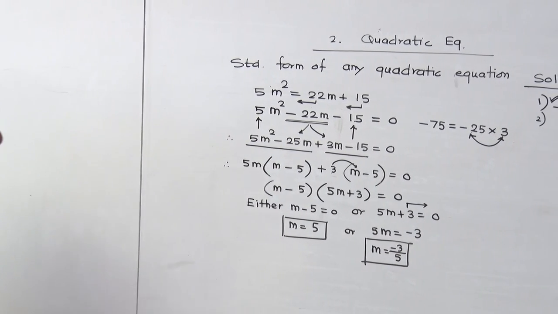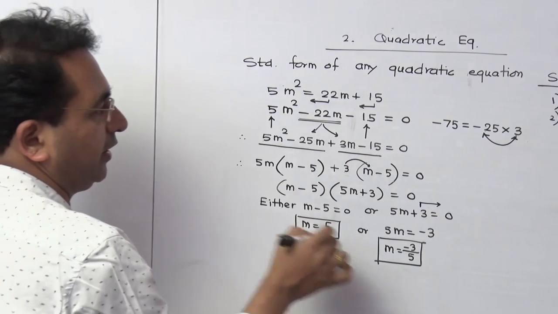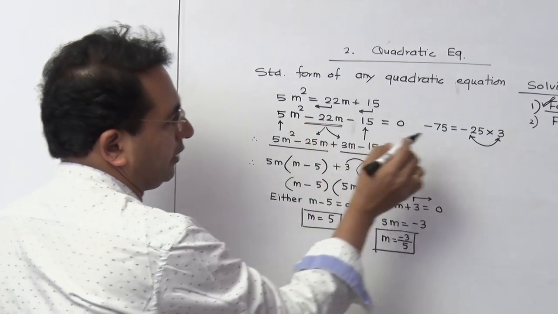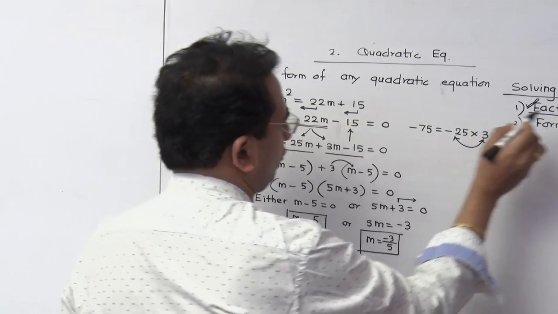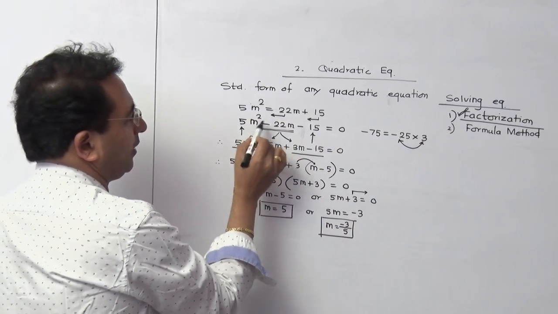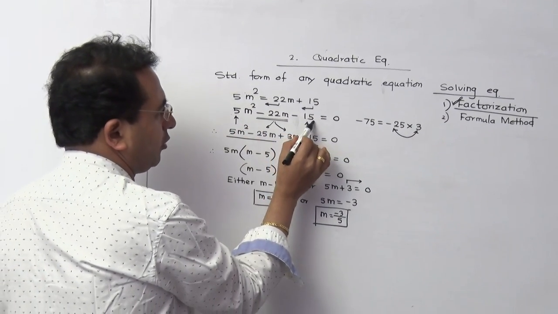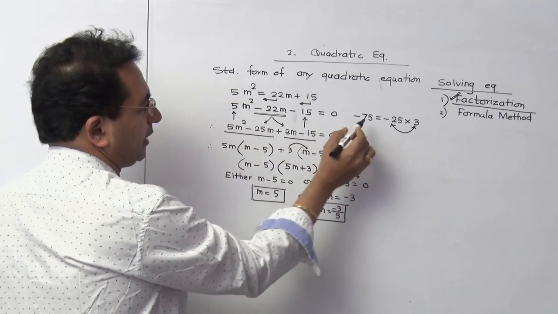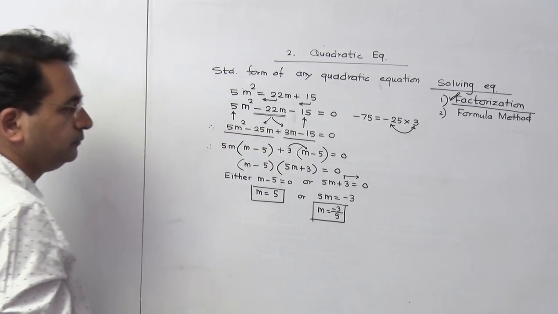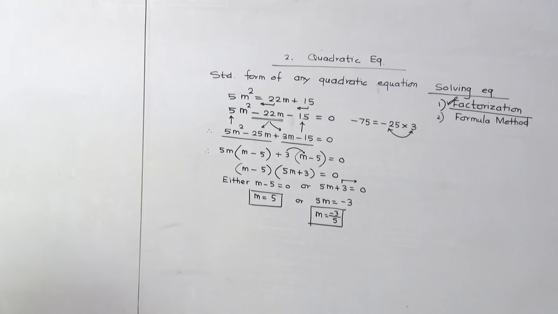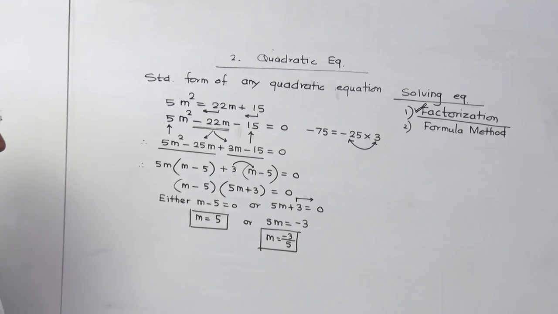So basically, whatever quadratic equation we are solving, if you are asked to solve it by factorization, then we have to solve it by first making it standard form, and splitting up the middle term according to this rule. I hope you must have done this method many times.